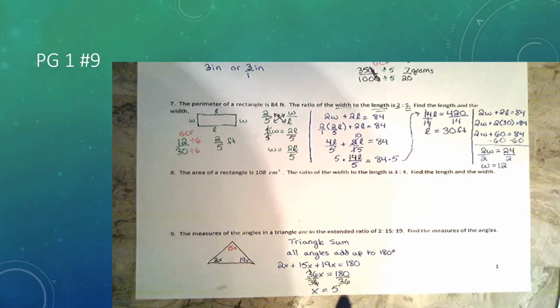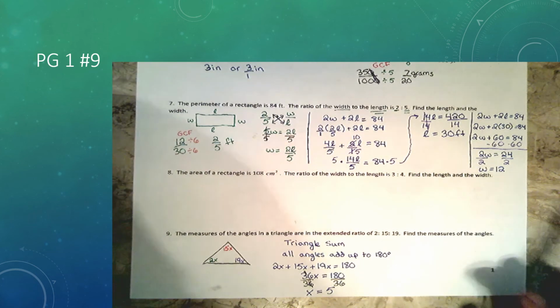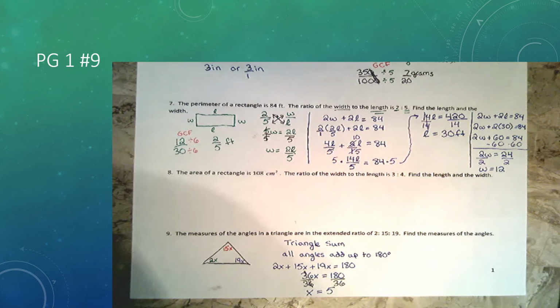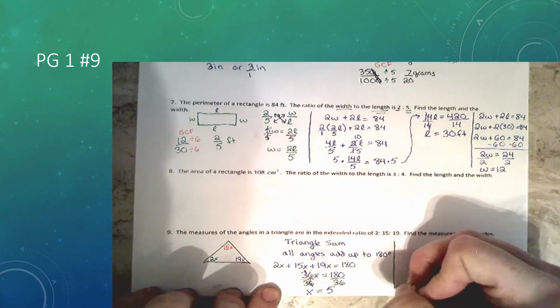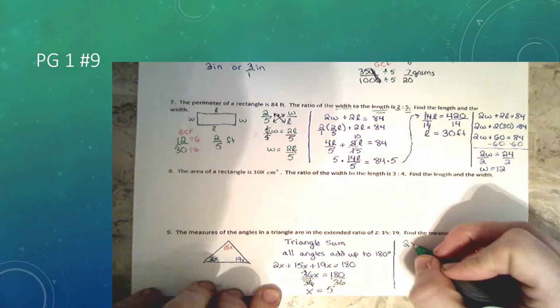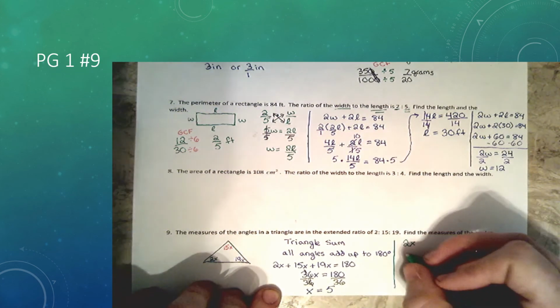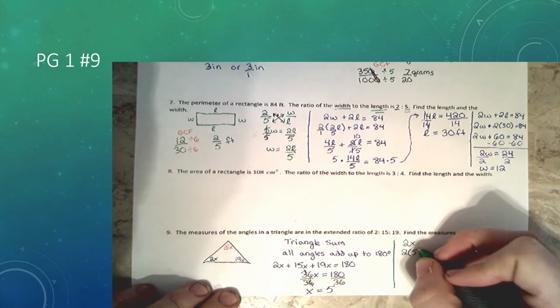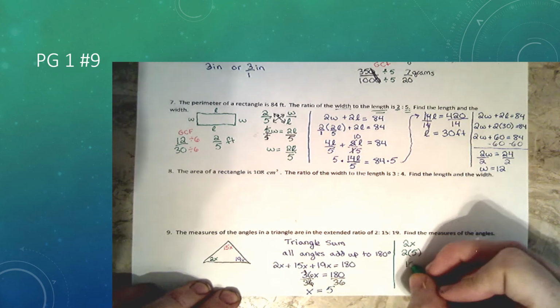So now that I know what x is going to equal, what I want to do is substitute in to each of these equations. So the first one that we had was 2x. Well, instead of x, now we're going to have 5. So 2 times 5, which is 10.